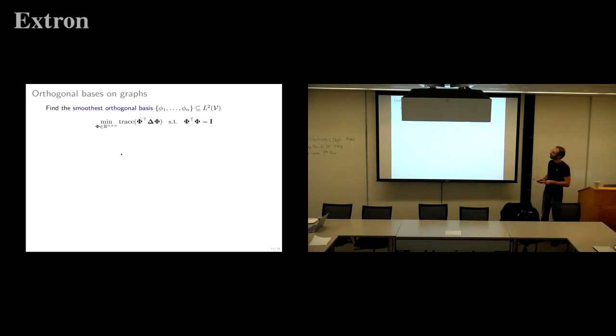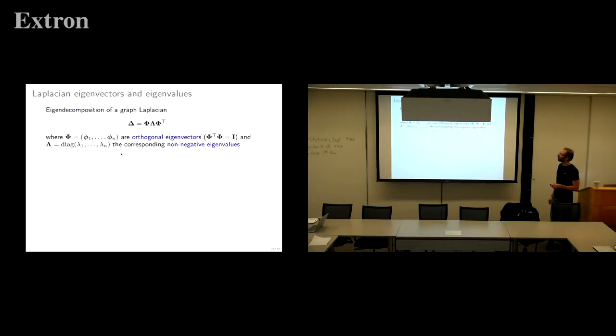Okay, so a different way of writing it algebraically is to minimize the trace, the sum of the diagonal elements of this matrix, under the constraint that phi transpose phi equals I. Basically, this is orthogonality. This is a very well-known problem in algebra, and the solution is that phi will be the Laplacian eigenvectors. Now, this is how you write the Laplacian eigenvectors, right?